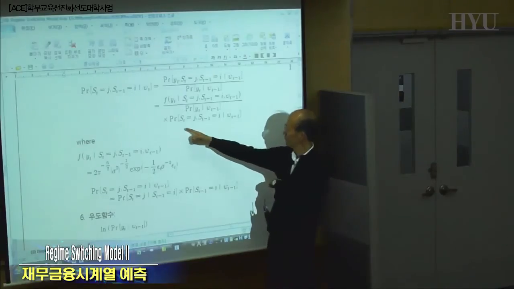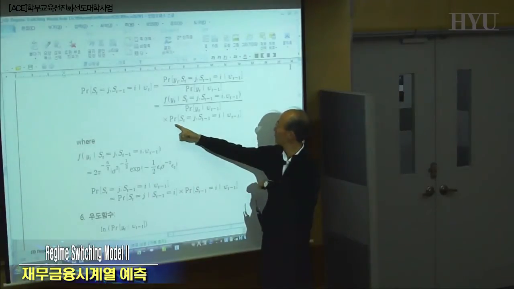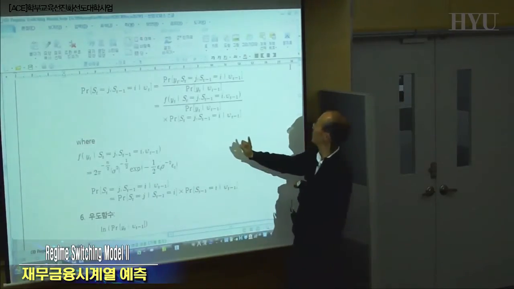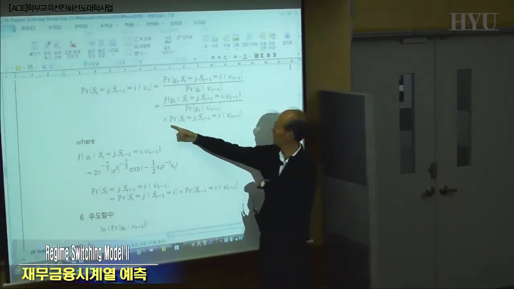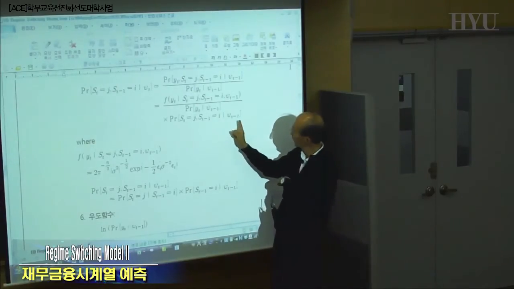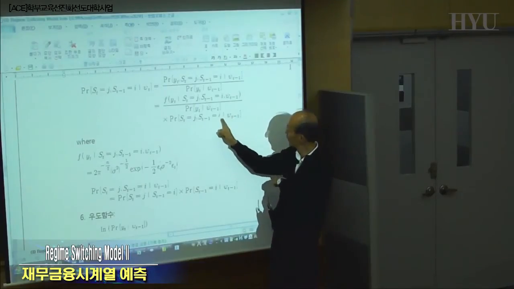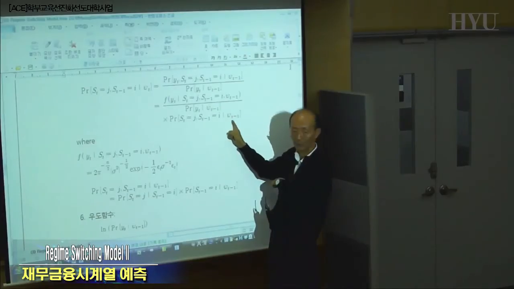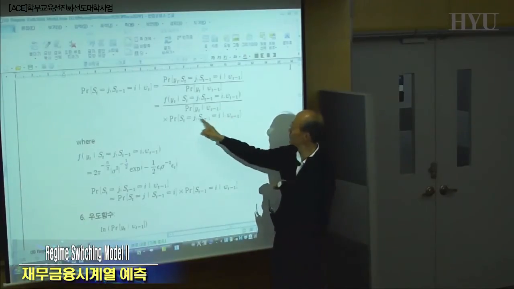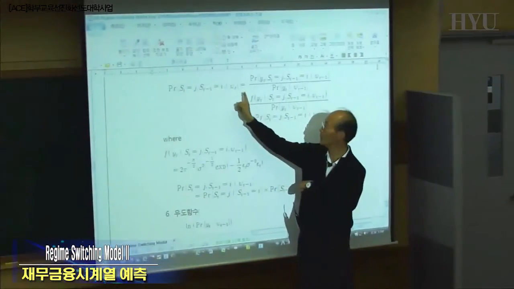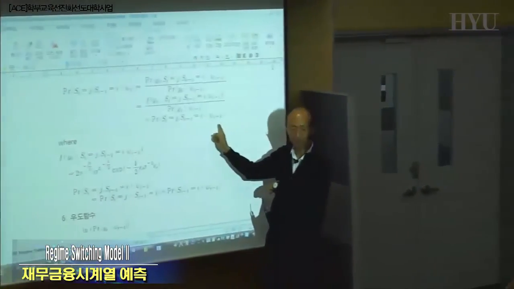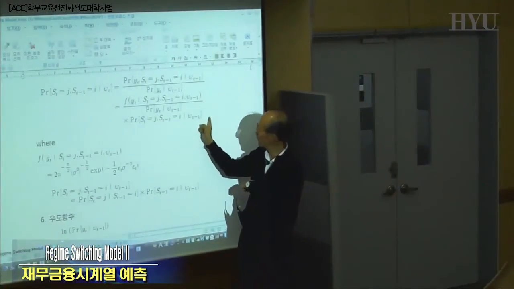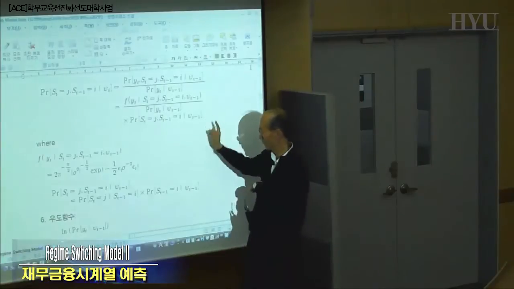This is the predicted probability of observing this sequence using information set t-1, very similar to this one, except the information set. Then what is this guy?